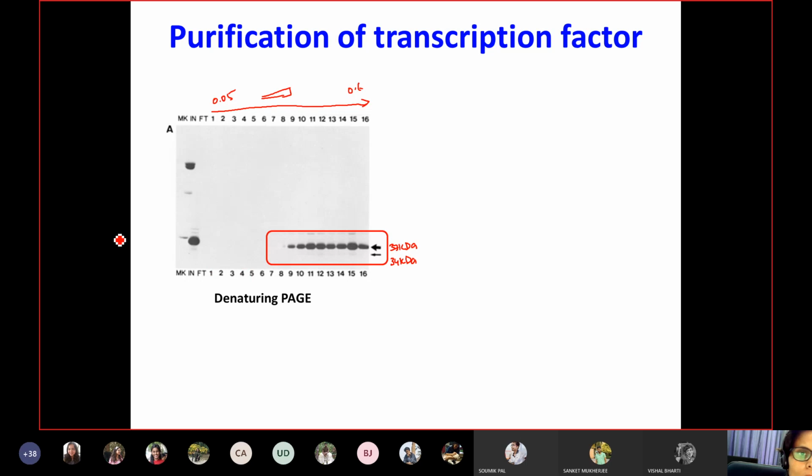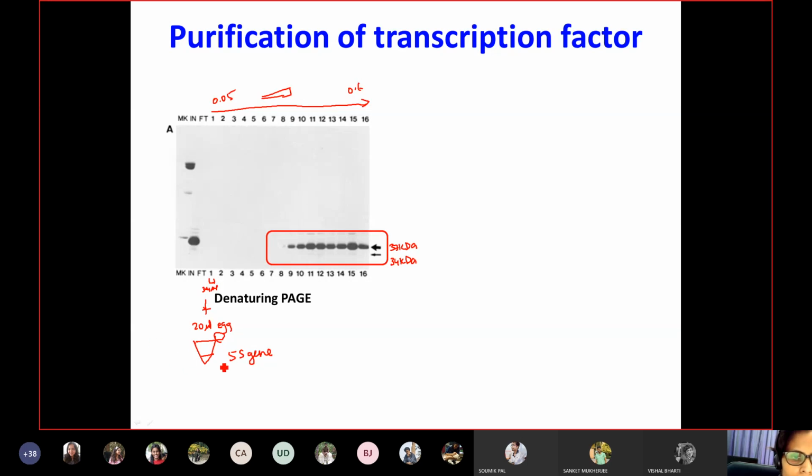Now after taking out each fraction alone, from lane 1, lane 2 up to 16, from each fraction they took a small amount, like 3 to 4 microliters, and incubated it in the presence of 20 microliters of unfertilized egg extract. This kind of complementation assay they performed to find out which of the fractions has the active transcription factor to activate 5S gene transcription.